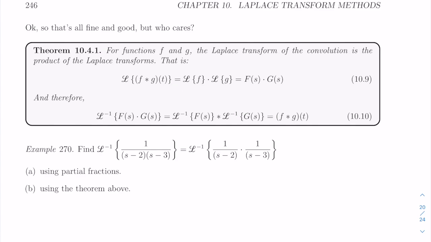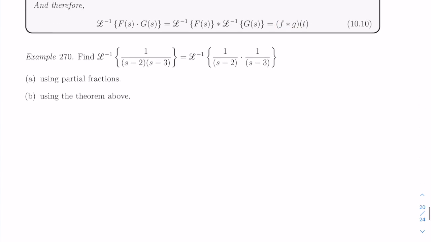It's usually in reverse, and that is the inverse Laplace transform of the product, which, remember, we're over here in algebra land. Products are very common in algebra land. If I know what each of these two Laplace transforms are, then I can find their convolution back in IVP land, and that will be equal to the convolution of those two things.